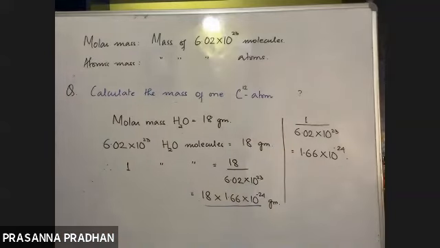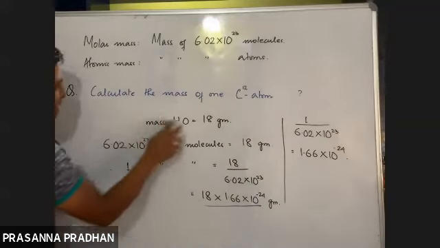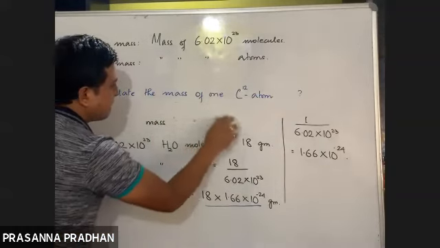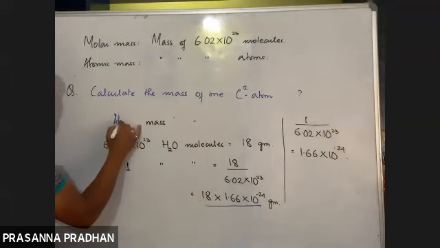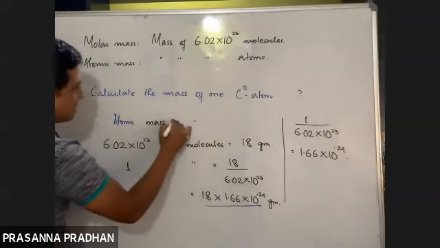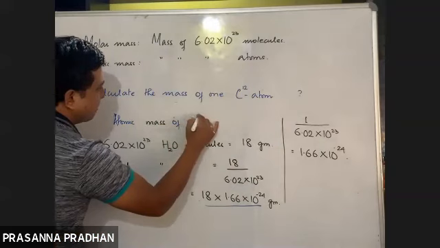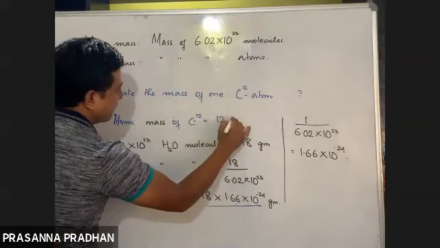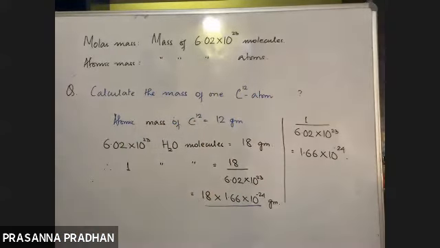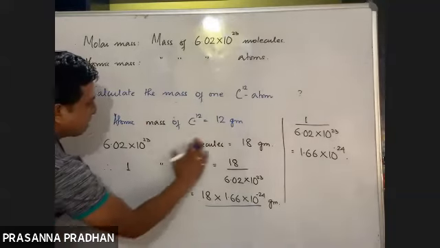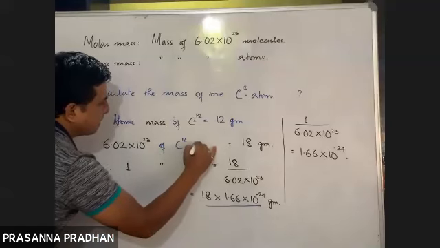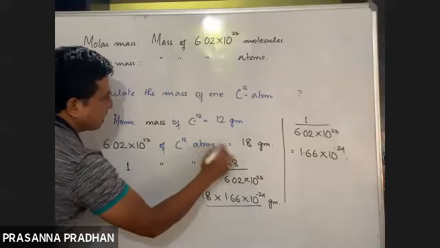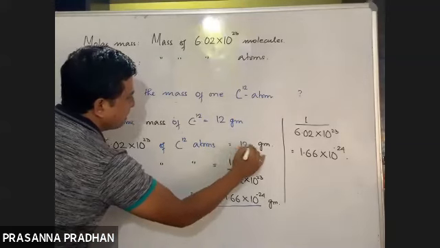So how are you going to proceed? Since it is an atom, I will not write molecular mass, rather I'll write atomic mass. So atomic mass of carbon 12 is equal to 12 gram. What does this mean? Atomic mass is 12 gram means Avogadro number of carbon 12 atoms is equal to 12 gram.